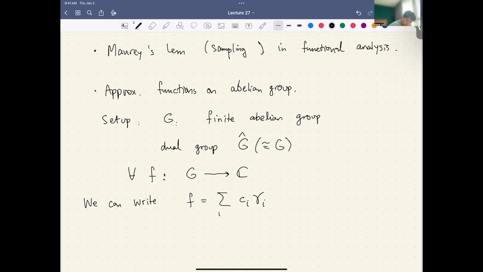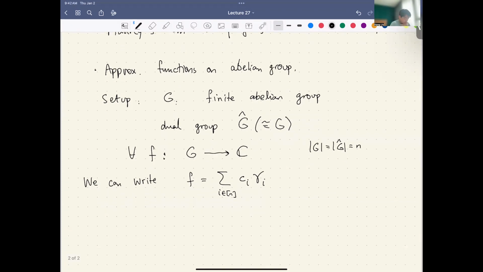Let's say G and G hat each have order n, and order the characters as gamma 1 to gamma n.